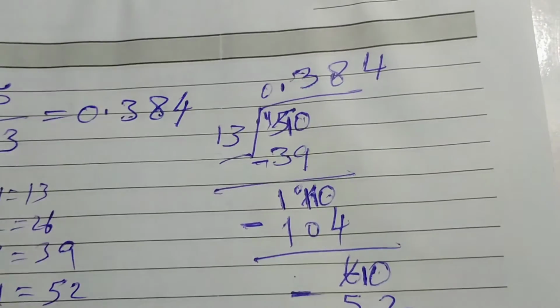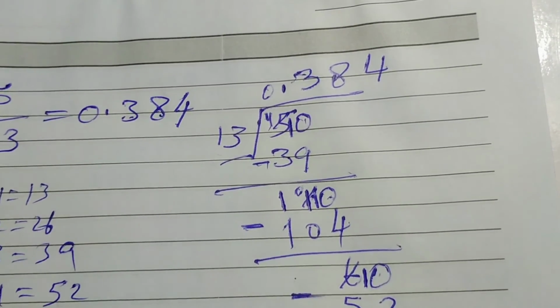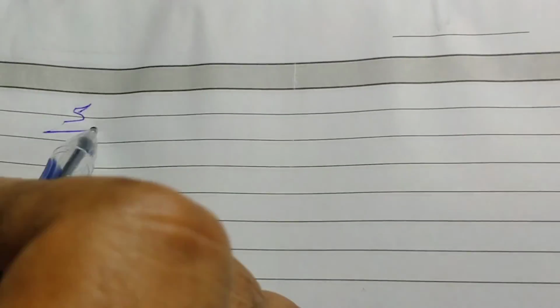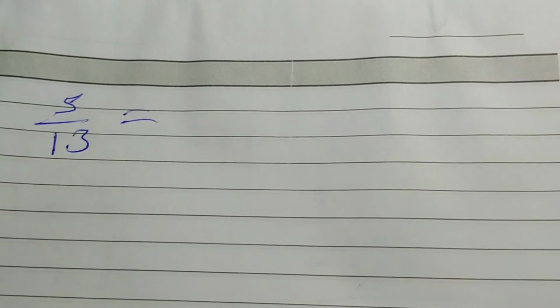Let's see one more example converting into percentage. For example, the same question I did here, 5 over 13. When I converted, we cannot make 13 into 100. 13 multiplied by anything is not equal to 100.